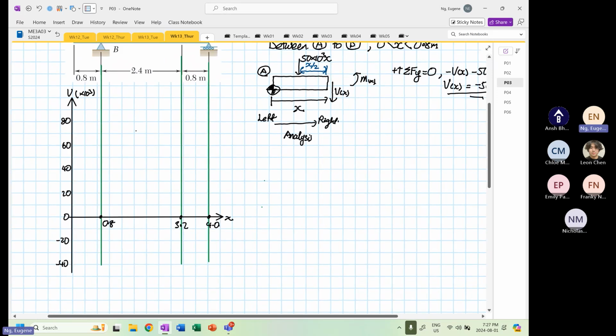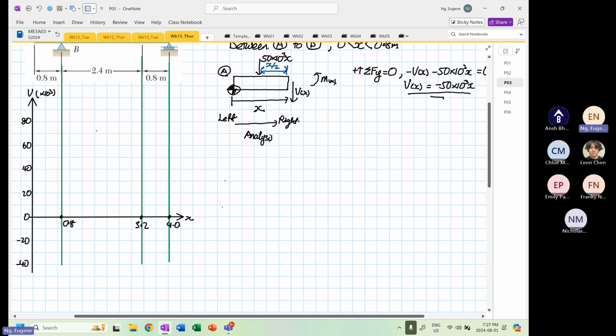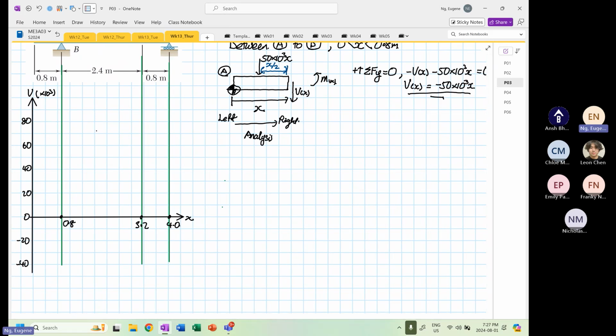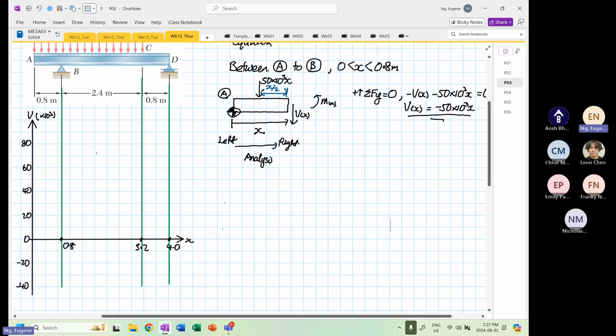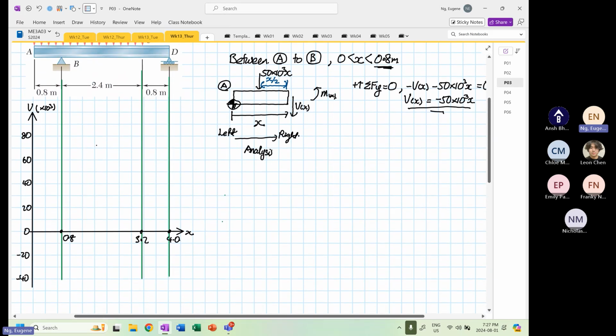Okay. So by looking at the function, it is a linear function, and the slope is negative. So the next thing we ask ourselves is, at 0.8, what is the value? So this equation is slightly less than 0.8, so you can put 0.7999, whatever.